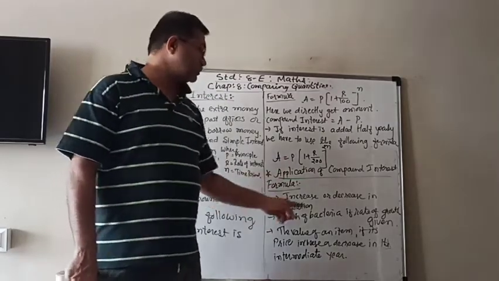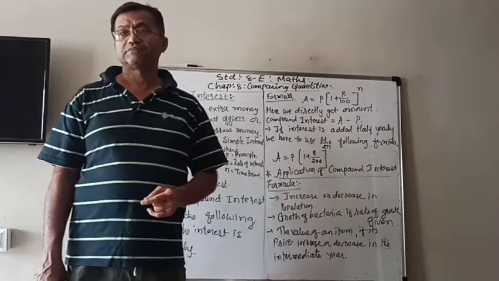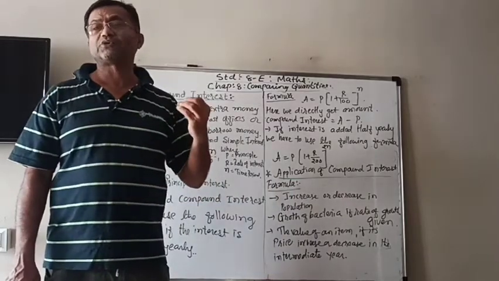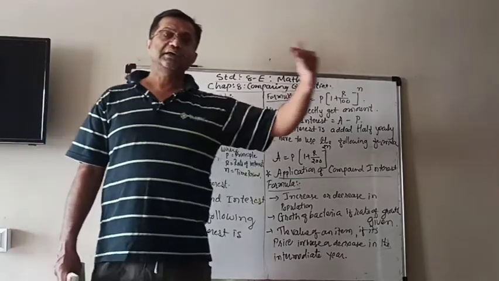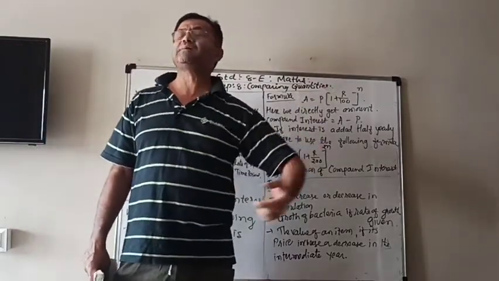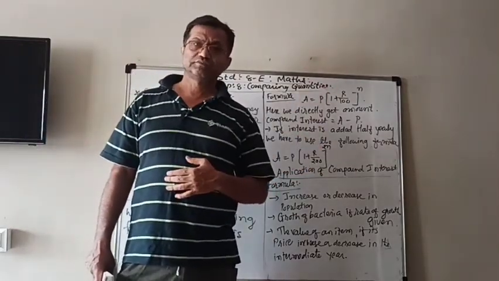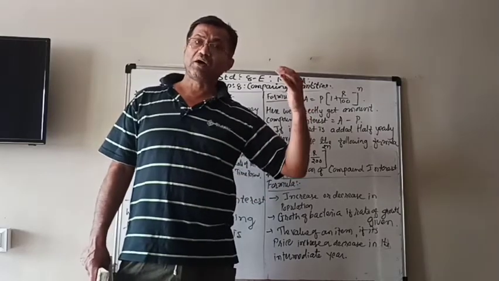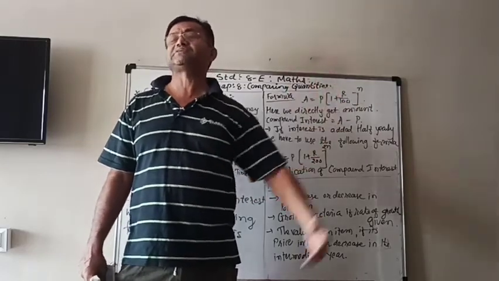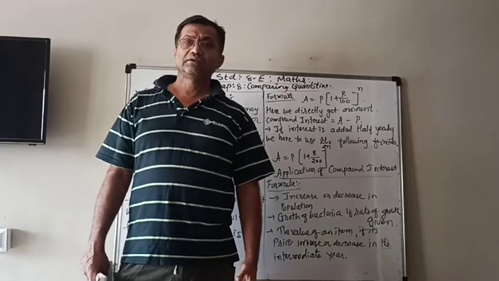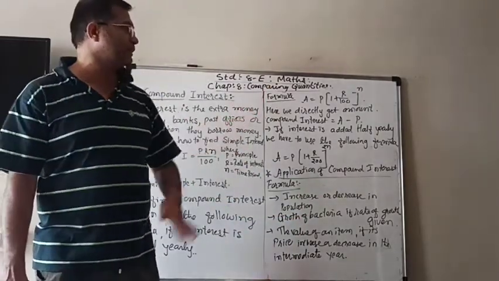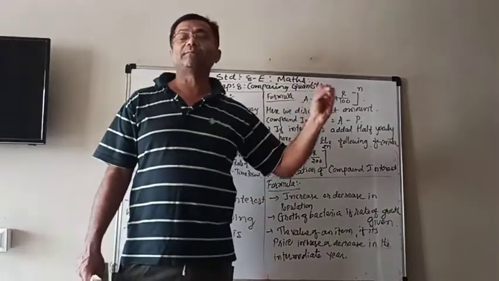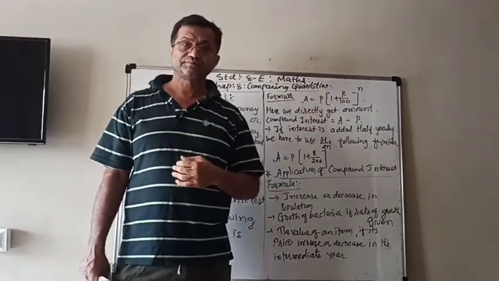Similarly, growth of bacteria. If the rate of growth of a bacteria is given, then after a certain time period, we can know what is the growth of that bacteria. So in this situation also we can use this same formula for the compound interest.